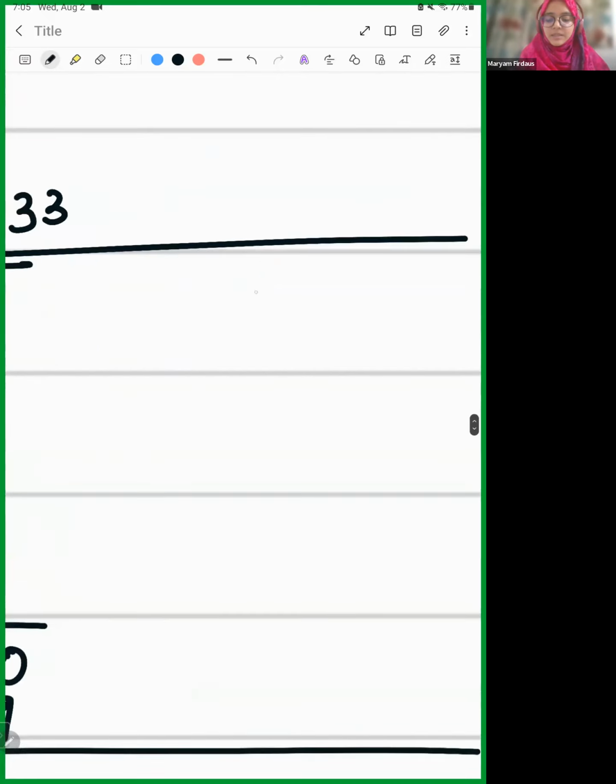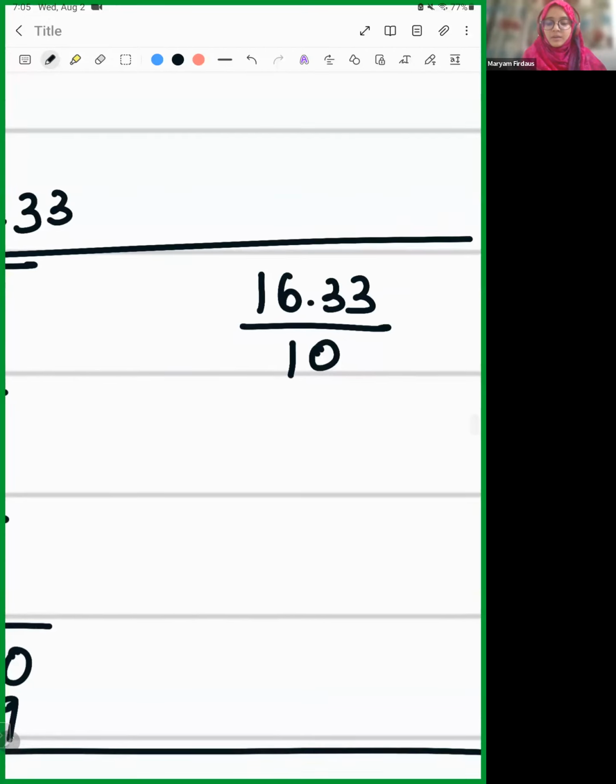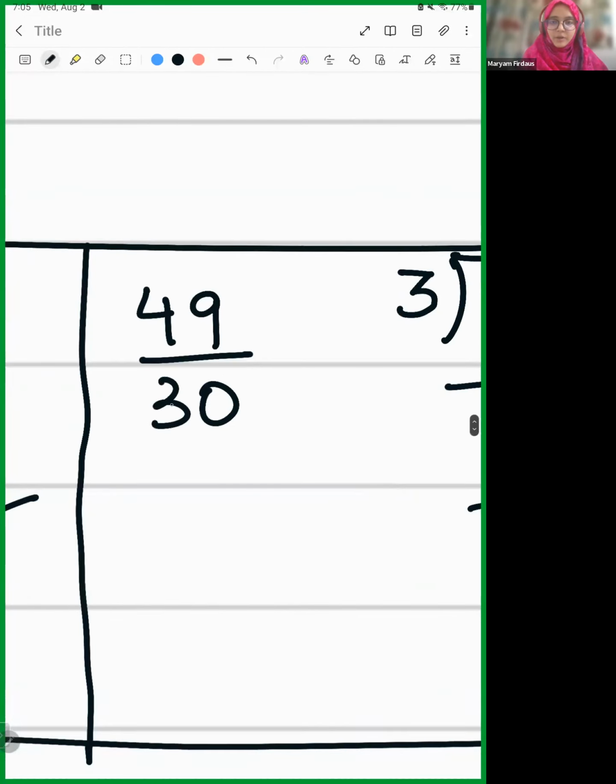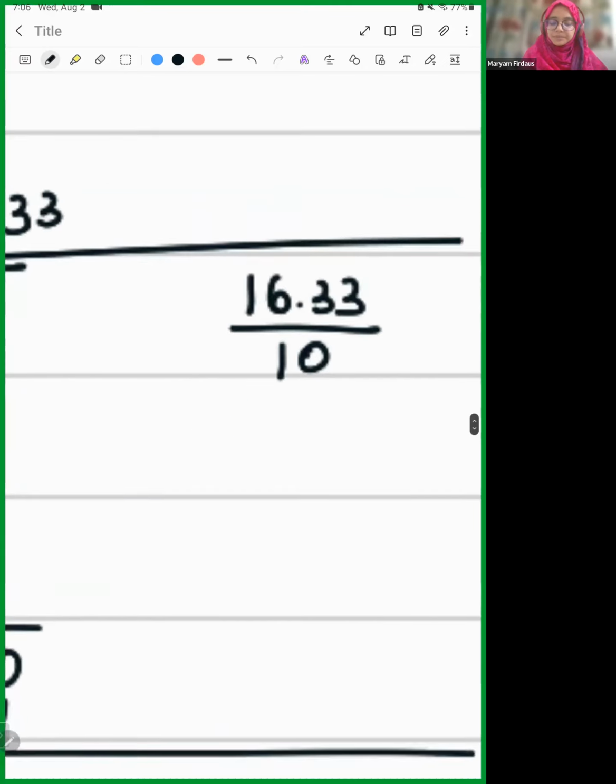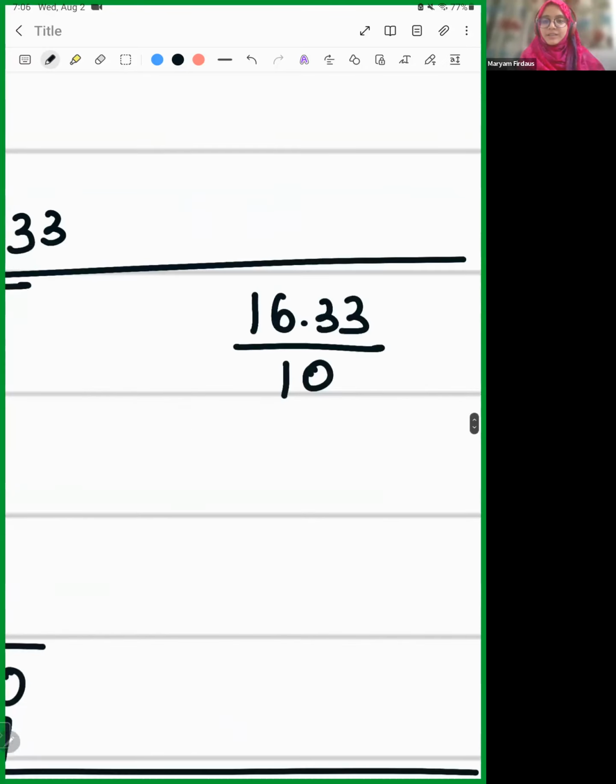So this becomes 16.33 divided by 10, right? Why divided by 10? Because we have only taken the 3 part of it. We have not taken the 0. So that's why we are taking the 0 now. 16.33 divided by 10. Now divided by 10 means the decimal goes one place to the left.